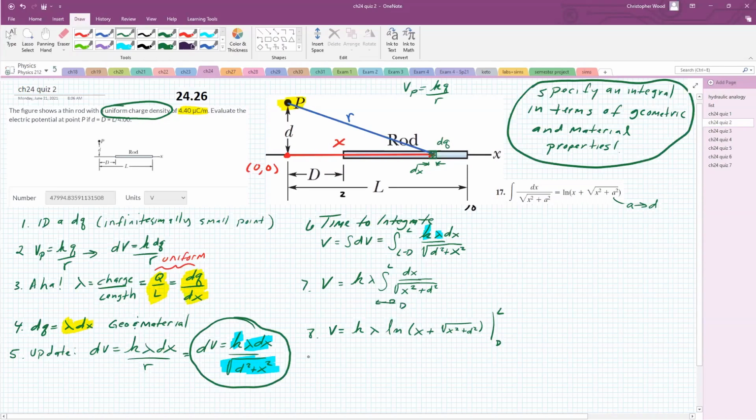All right. So voltage is K lambda. This is going to get a little bit fine-grained. Natural log of x.